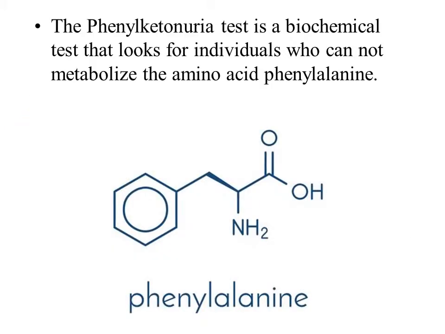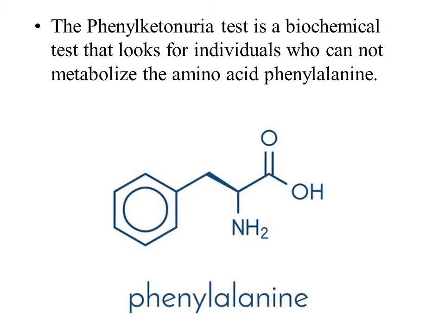In this example, the Phenylketonuria test is a biochemical test that looks for individuals who cannot metabolize the amino acid phenylalanine. So one drunken night, you have an accident. The guy or gal disappears. You want to make sure you get tested if you're pregnant.